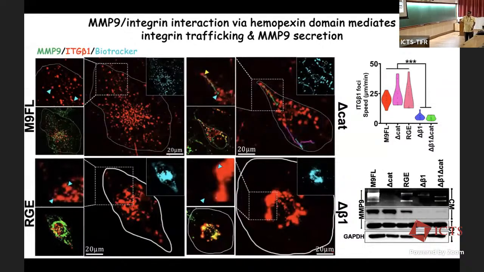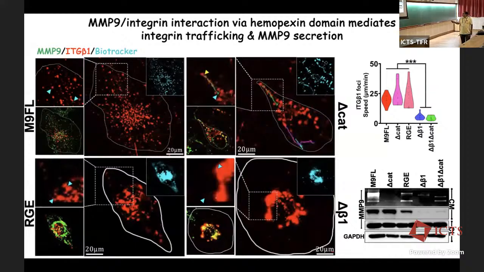I can quantify the speed of these integrin foci which are reaching the membrane, and what you see is for full length, delcat and RGE, in all these cases the foci speeds are comparable, which means that in all these cases MMP9 and integrin are actually going to the periphery of the cell.